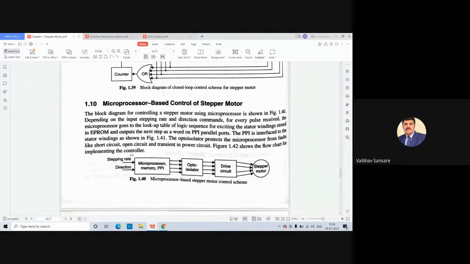So these circuits are generally rated at lower values, and there may be chances of faults taking place on the power circuit side. That fault may be due to a short circuit present between any phases, or due to an open circuit which exists in this stepper motor, or due to transients which take place on this power circuit. So there may be chances of increase in the currents and voltages associated with the control circuit.